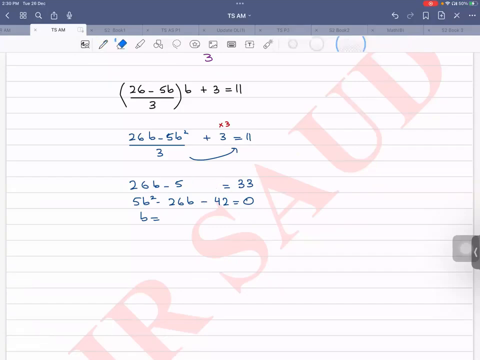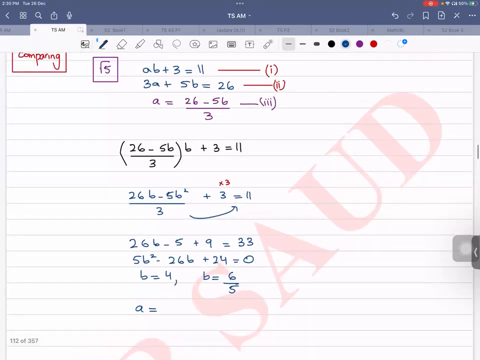Yes. This is plus 9, which will become minus 9 when it goes there, plus 24. So the two values of b I'm getting are 4 and 6/5.